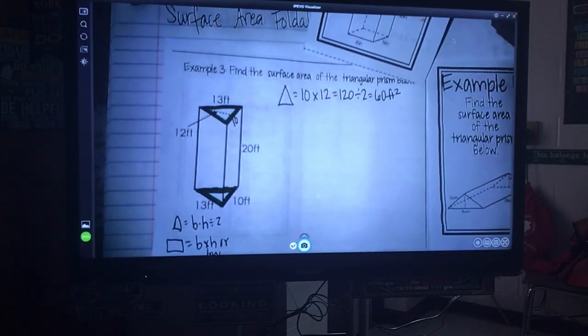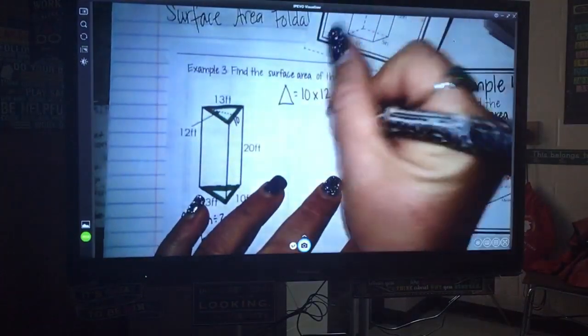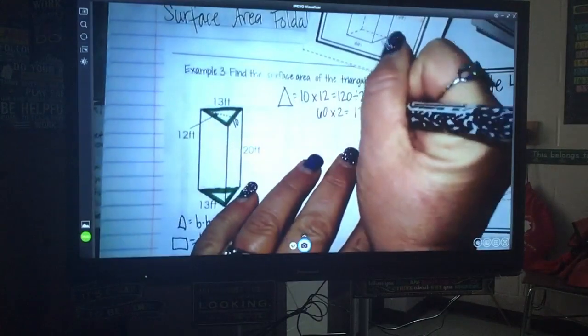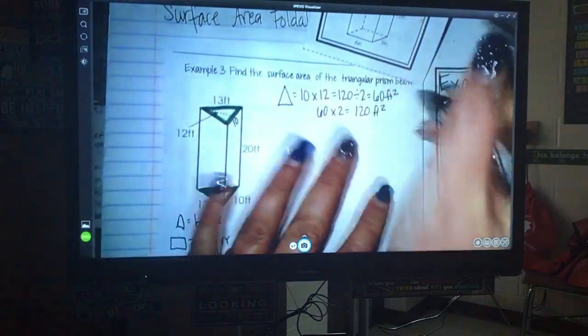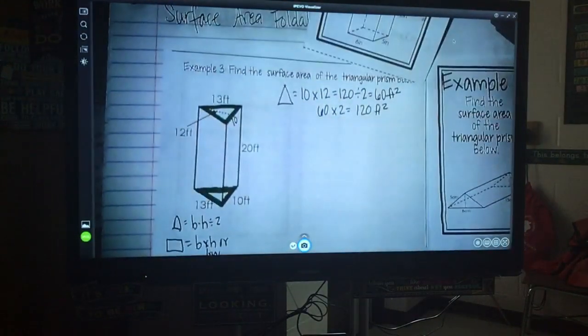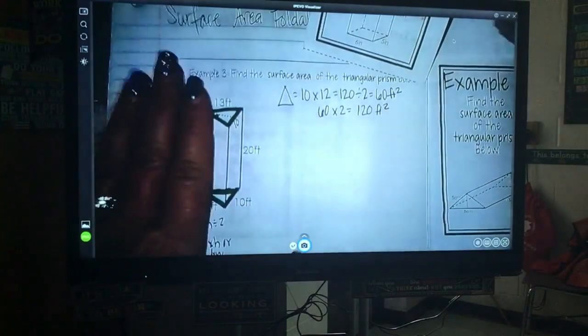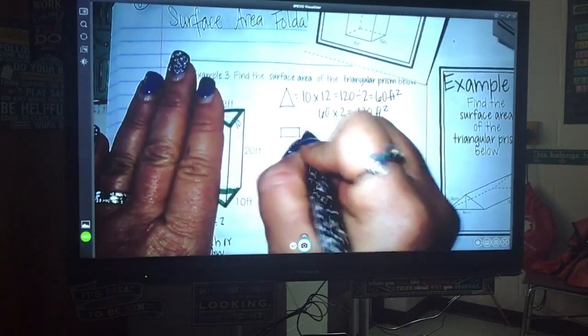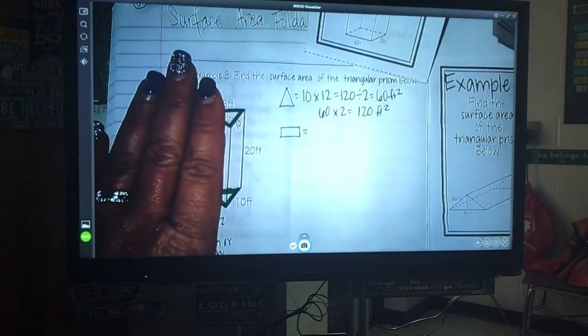All right, so that's one triangle. We know that we can multiply this by 2 because we have to. So I know that I'm going to end up with 120 feet squared for my triangles. Now, looking at this rectangle right here, what 2 numbers am I going to be multiplying together? Ace.